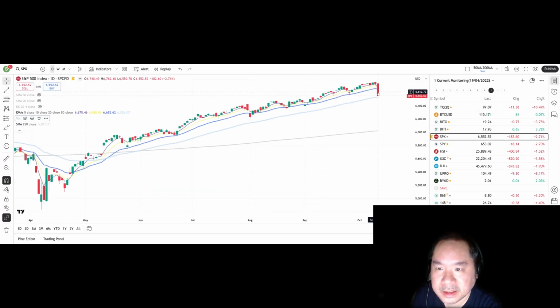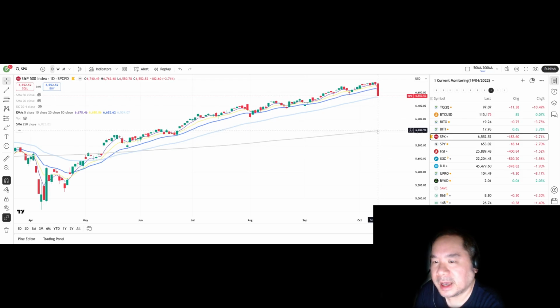I will show it here with the SQQQ, and I foresee there will be a support around this area and this area, around 6,242, give and take, and around the 250 moving average.